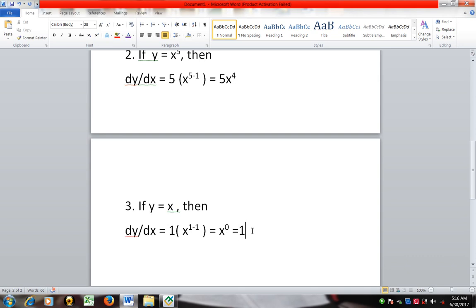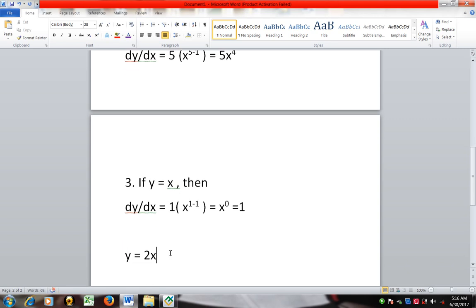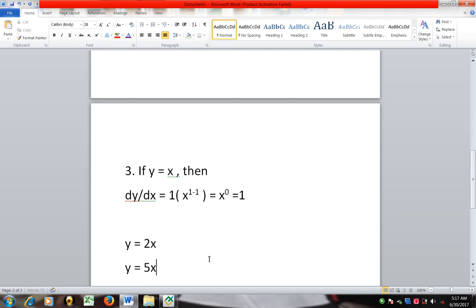It's a very simple rule that we can investigate. We say y equals 2x, the derivative, dy/dx, will be 2, and then if we are given y equals 5x, dy/dx will also be what? 5. For this, our dy/dx will be 2.